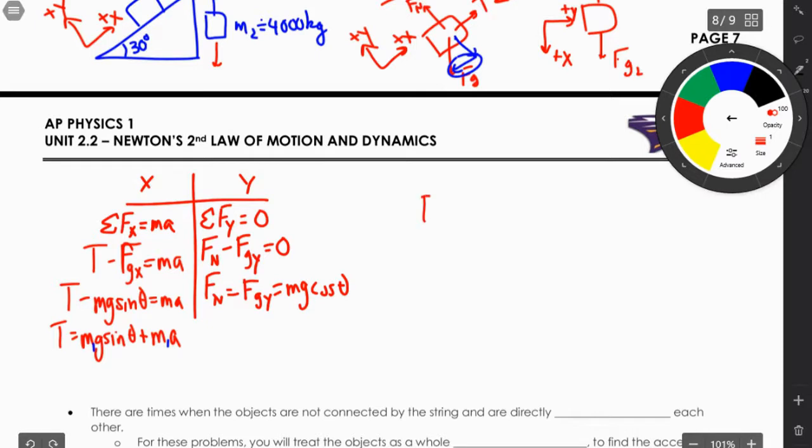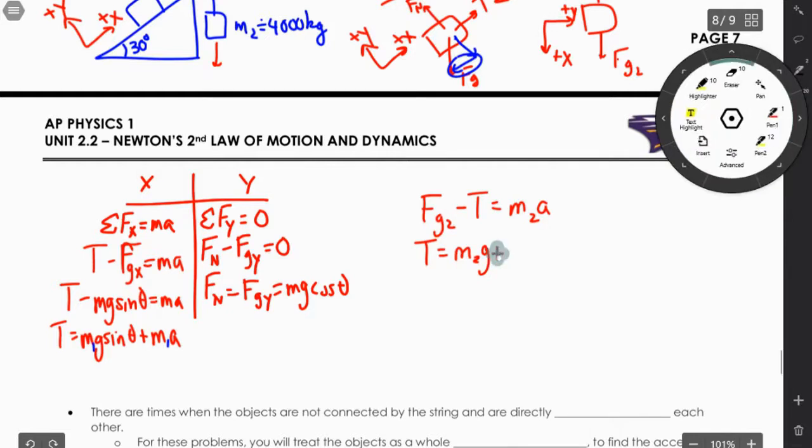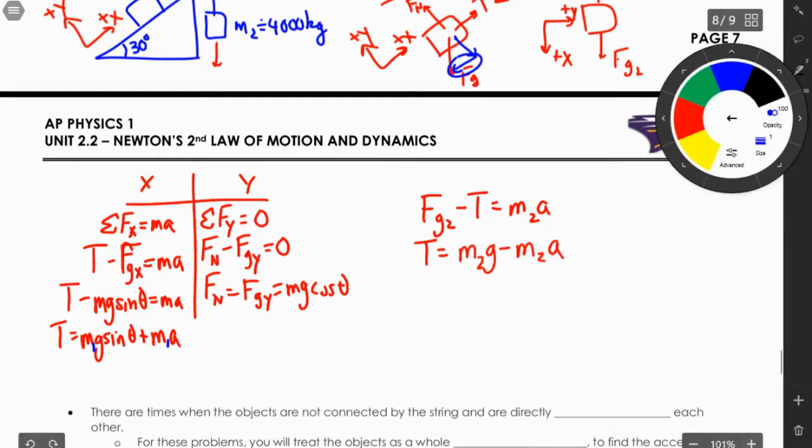So it's going to make FG2 minus T equals M2 A. If we solve this for T, we add and subtract, so it's going to be M2 G minus M2 A. Now I have two equations, both solved for T, and I can set them equal to each other.